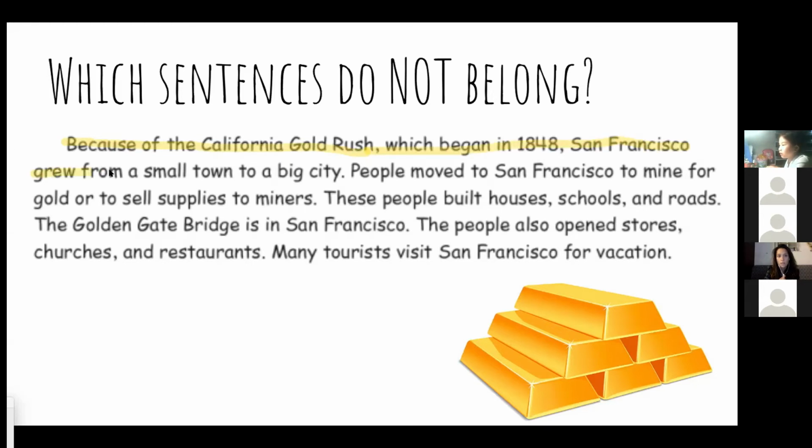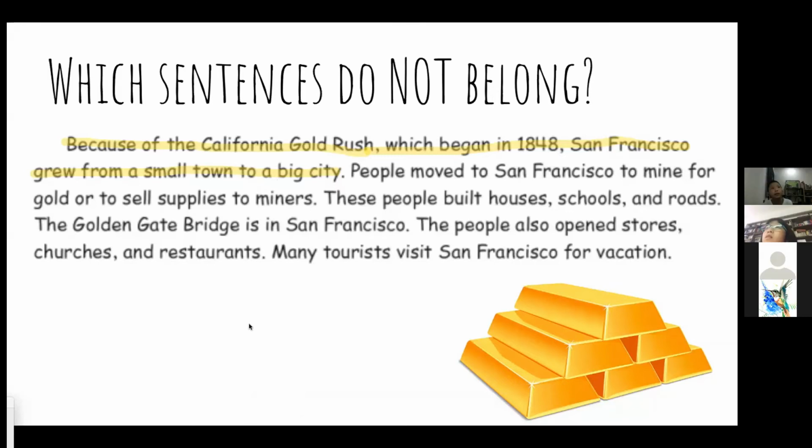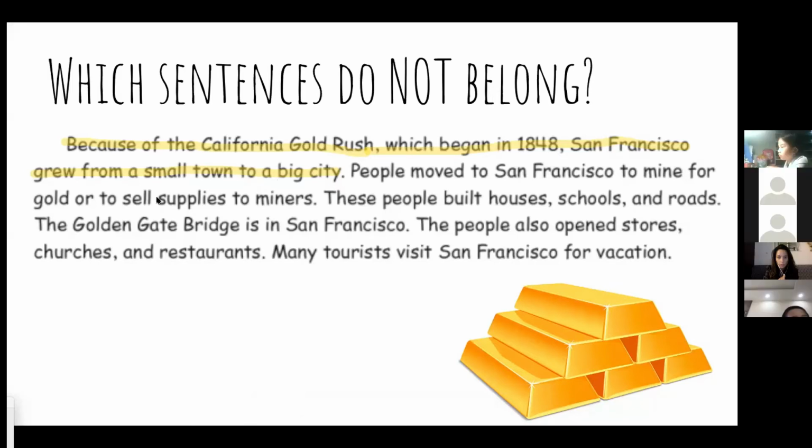Okay, so is this whole paragraph talking about how San Francisco got bigger? You think no? What is it about then? This paragraph is about San Francisco growing from a small town to a big city, okay?